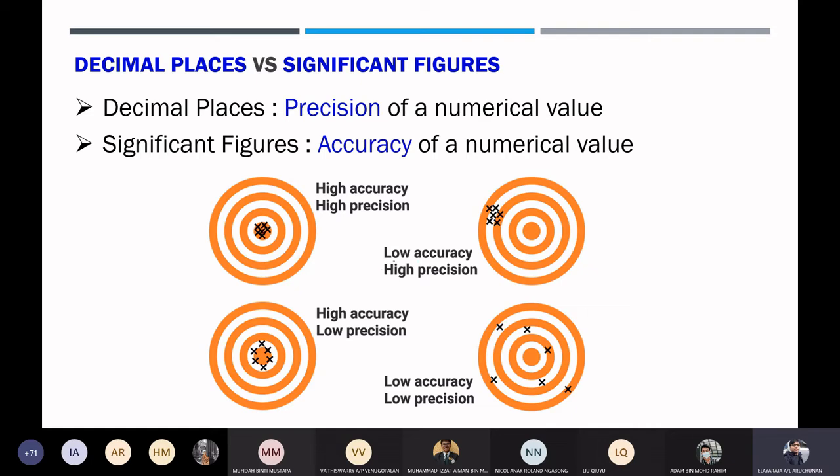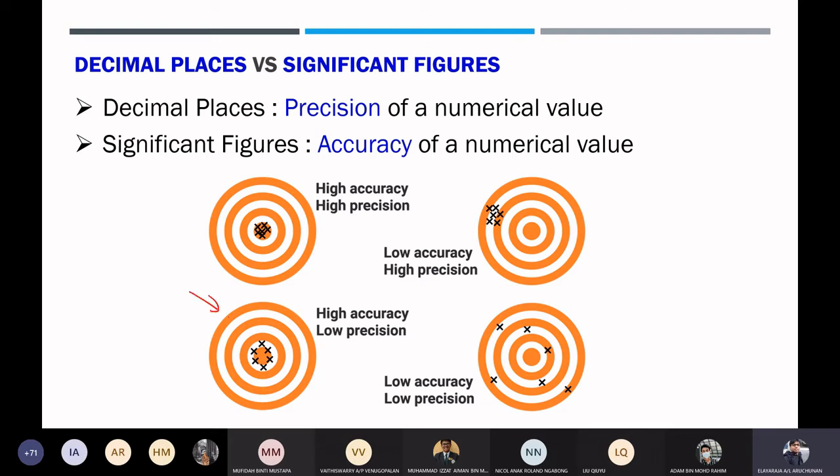Next, low accuracy but high precision. As you can see, low accuracy because all the targeted points are away from the center, but appear in this section. But it is high precision because all the targeted shots are close to one another. Next, look at this diagram.